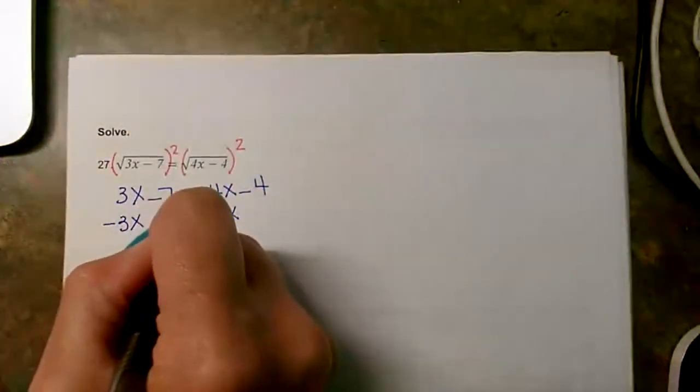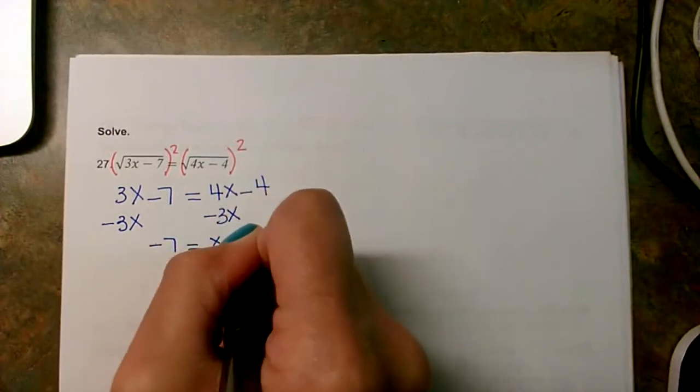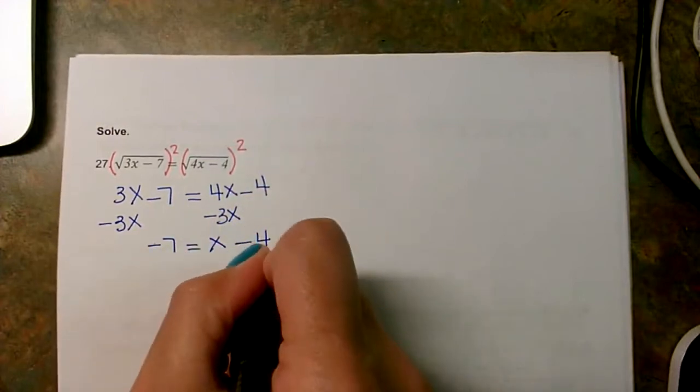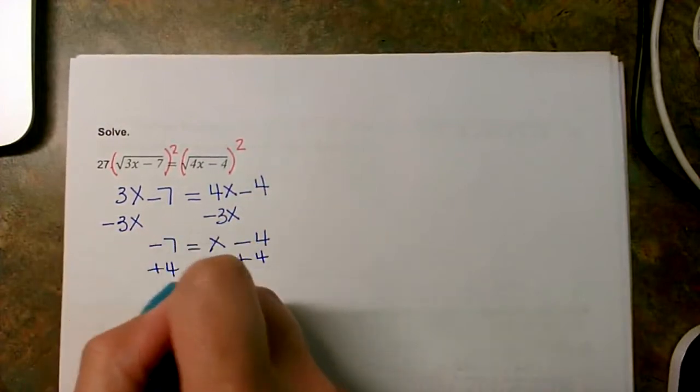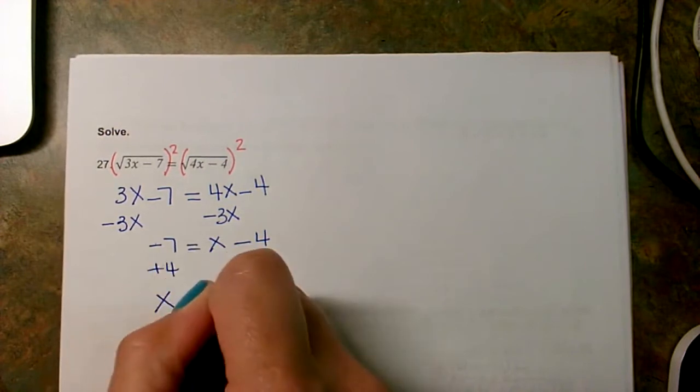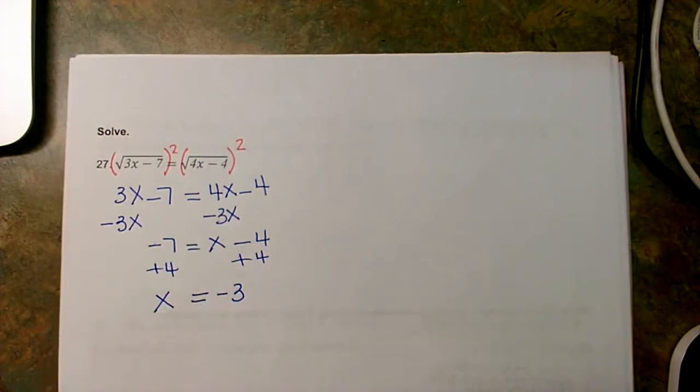Right? So what do we get? X equals -3. But we need to check this here.